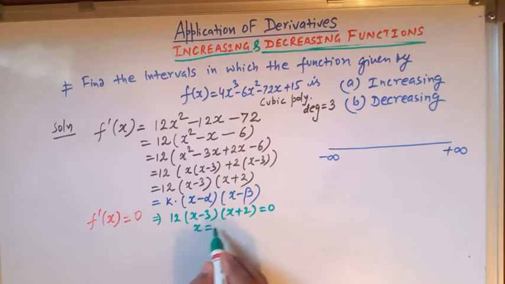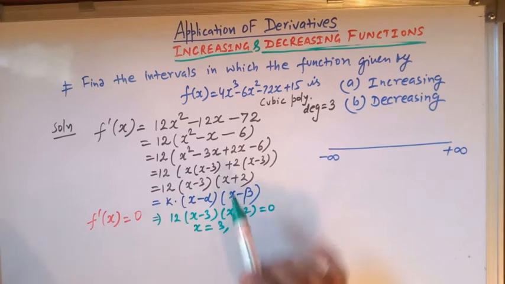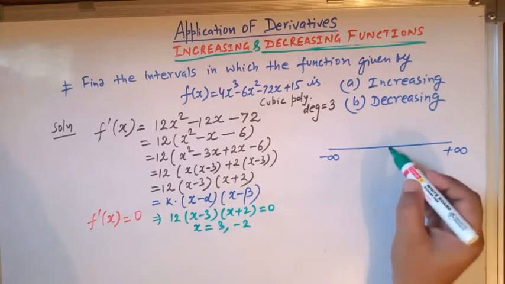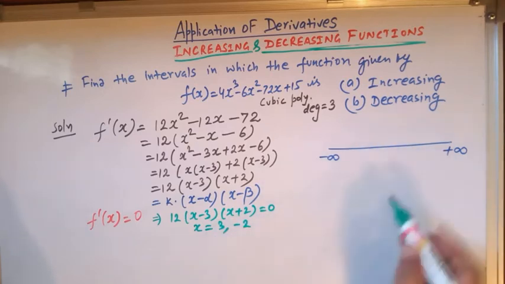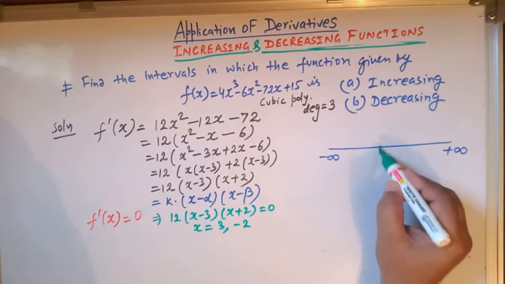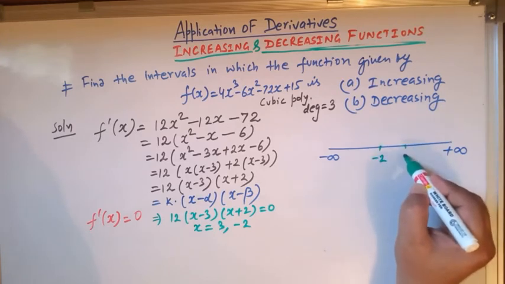So we have x is 3 and minus 2. So we have obtained two roots of this polynomial. Clear? So x equal to 3 and x equal to minus 2. We locate these two points on this number line: this is minus 2 and this is 3.